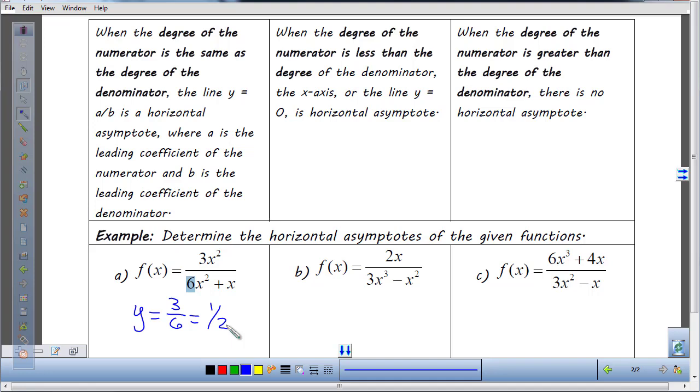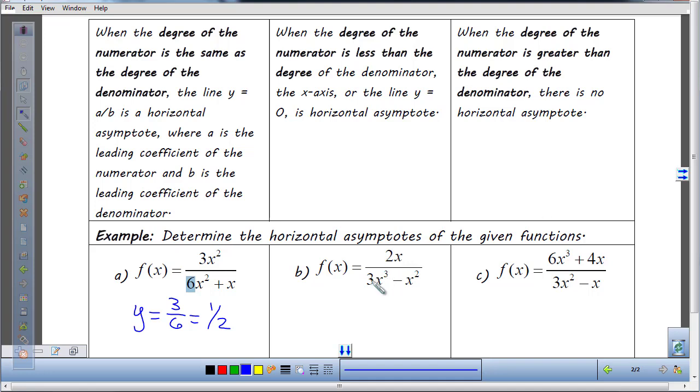The second case is when the degree of the numerator is less than the degree of the denominator. Then the x-axis, or the line y equals 0, is going to be the horizontal asymptote. When we look at this one, we've got f of x equals 2x over 3x cubed minus x squared. The degree of our numerator is 1.